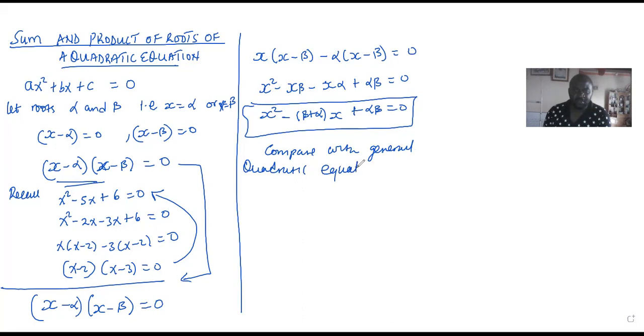The general quadratic equation says ax squared plus bx plus c is equal to 0. This one is saying x squared minus the sum of the roots times x plus the product of the roots gives us 0. When you check on this one, the coefficient is 1.